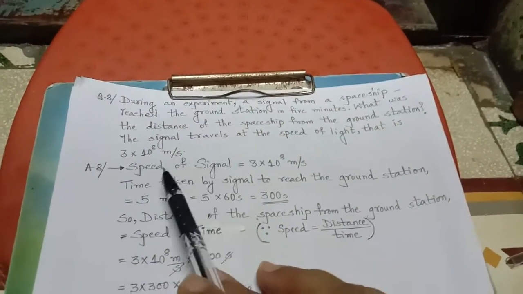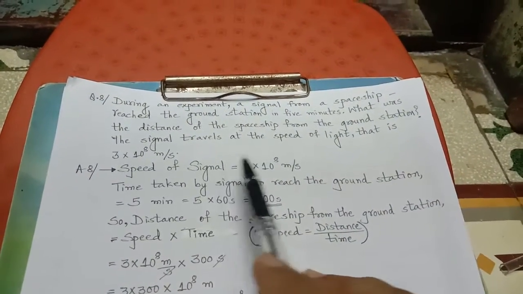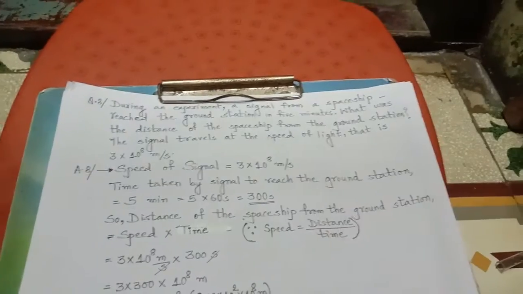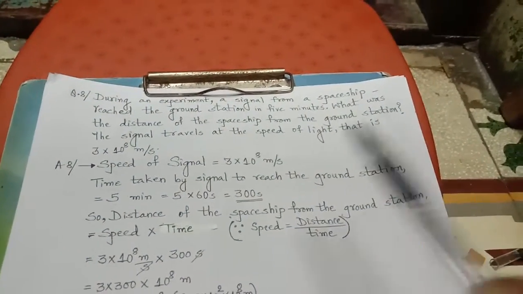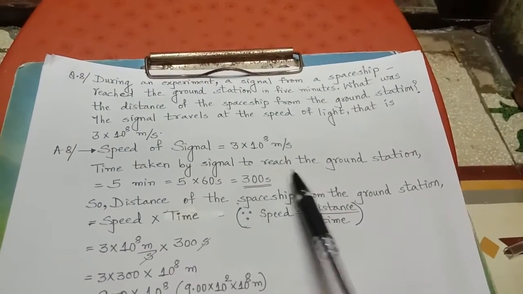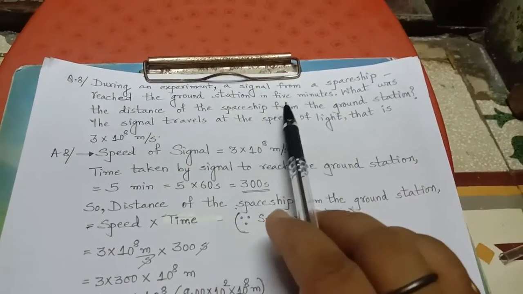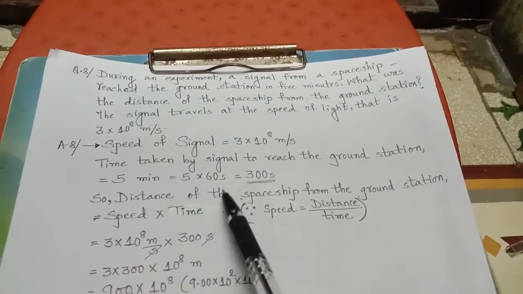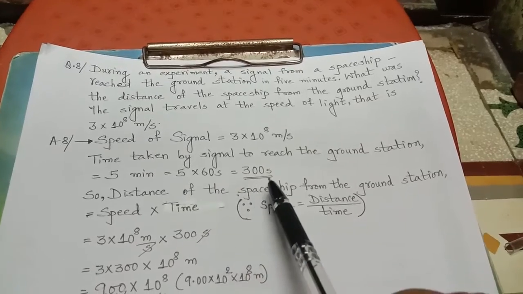So here we have the speed of the signal, 3 into 10 raised to 8 meter per second, already given. Now the time taken by the signal to reach the ground station is 5 minutes, which is converted to 5 into 60 seconds, that is 300 seconds.